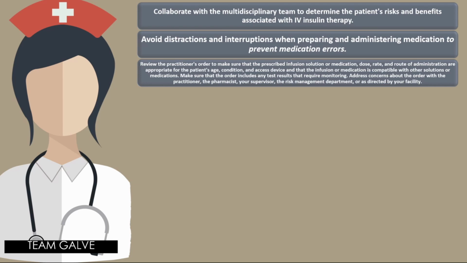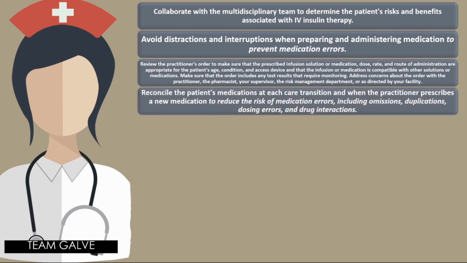Address concerns about the order with the practitioner, the pharmacist, your supervisor, the risk management department, or as directed by your facility. Next, reconcile the patient's medication at each care transition and when the practitioner prescribes a new medication to reduce the risk of medication errors, including omissions, duplications, dosing errors, and drug interactions.